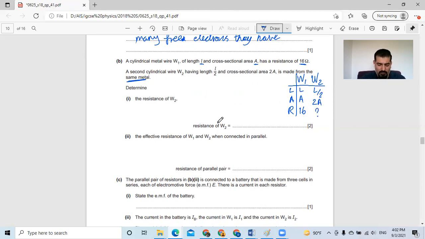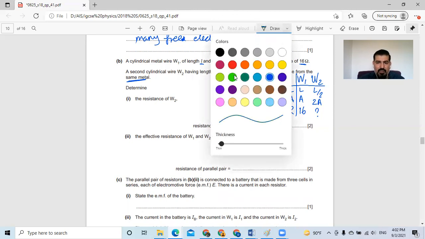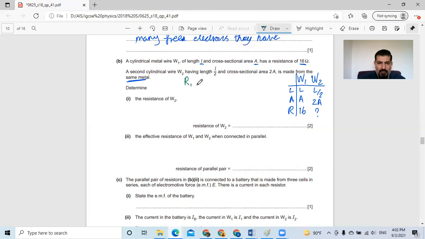Now, according to that, what are we going to do? We are going to use the same formula that we just wrote before, which is R1 A1 over L1 equals R2 A2 over L2.